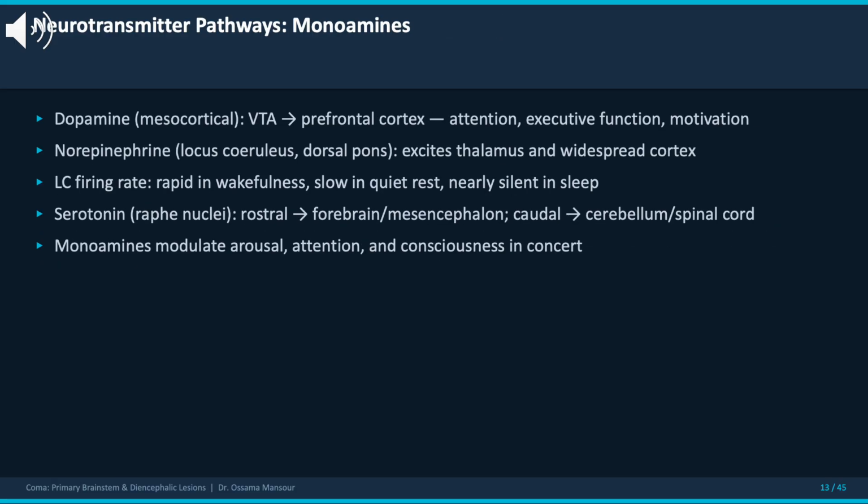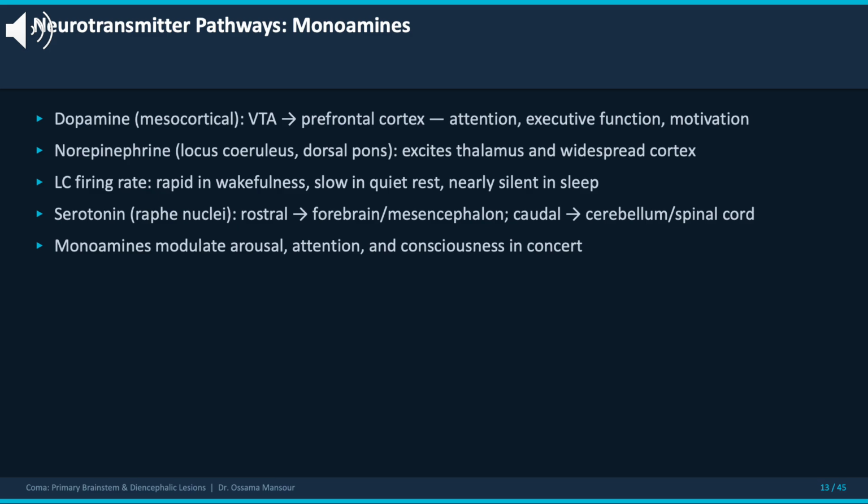Beyond glutamate and acetylcholine, several monoaminergic neurotransmitter systems contribute importantly to arousal and attention. Dopamine neurons in the mesocortical pathway project from the ventral tegmental area in the midbrain directly towards the prefrontal cortex. This pathway is particularly important for attention, executive function, and motivation, higher order aspects of consciousness beyond simple alertness.